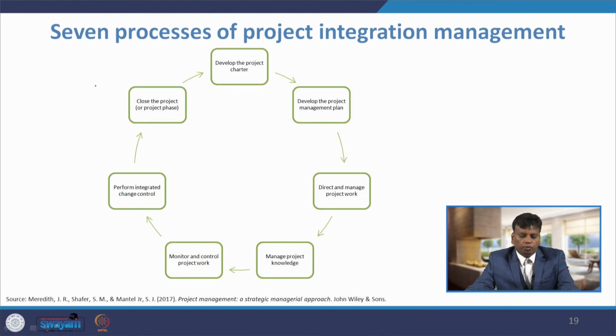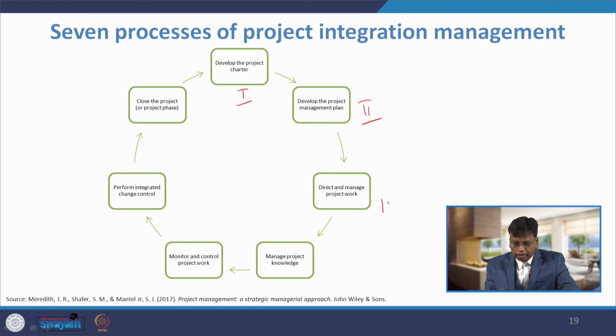Now, what are the 7 processes of project integration management? The first stage is to develop the project charter. In the project charter, which we discussed in the previous lecture, we assign who is responsible for what task. The second stage is develop the project management plan.